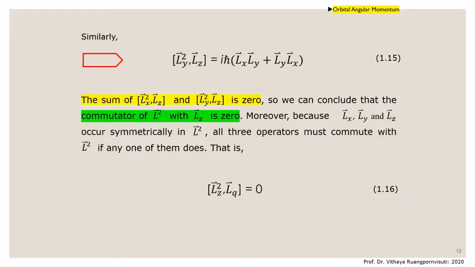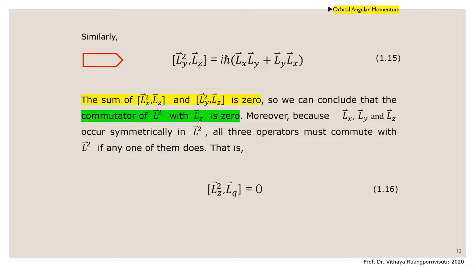The sum of these two commutators is also 0. So, we can conclude that the commutator of L squared with Lz is 0.